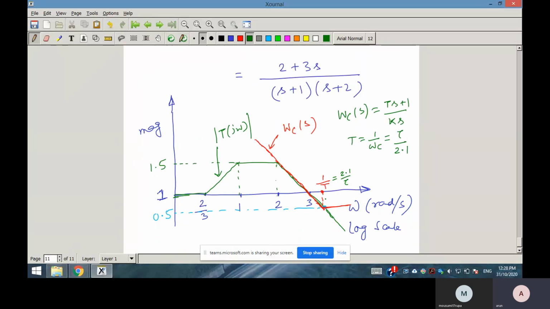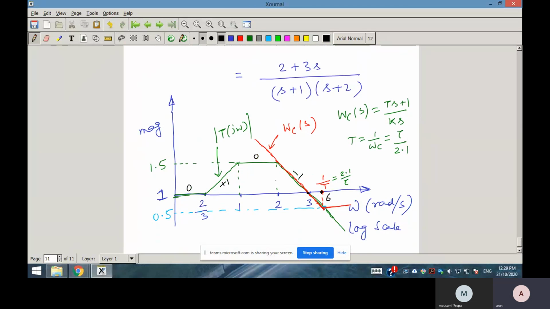So now here the slope is how much? Here the slope is minus 1, here the slope is 0, this is 0, this is +1. So as per this slope, if this point is 3, then what should be this point? This point is almost 0.5. Actually it should be 1 by 2.1, but I have considered just 0.5. So this should be 6 radian per second.